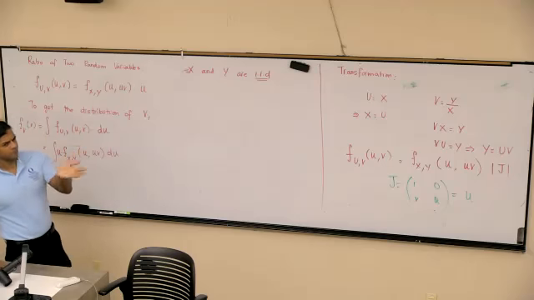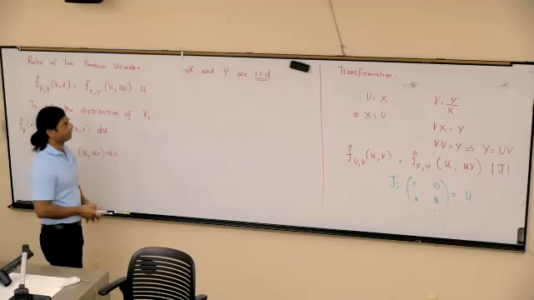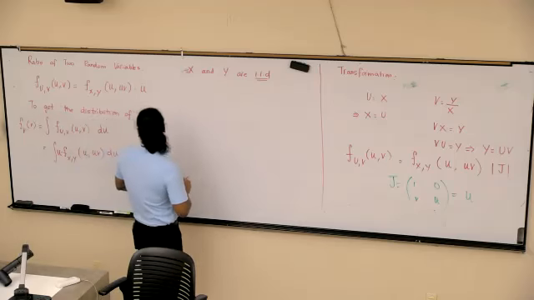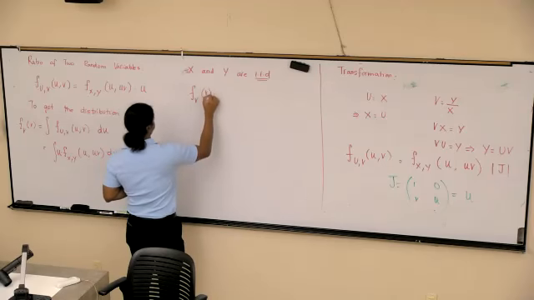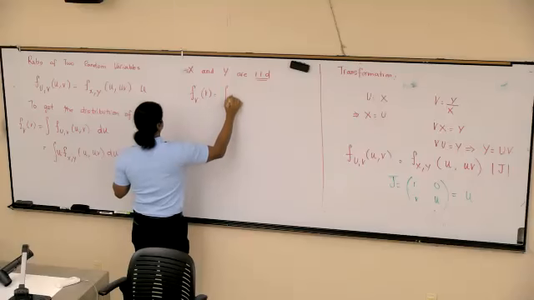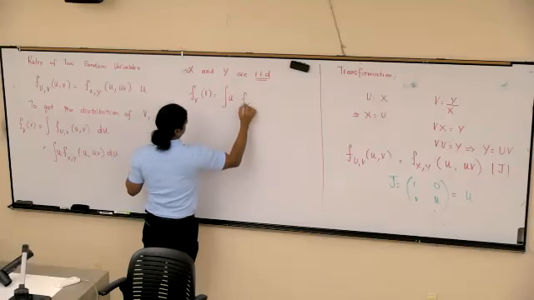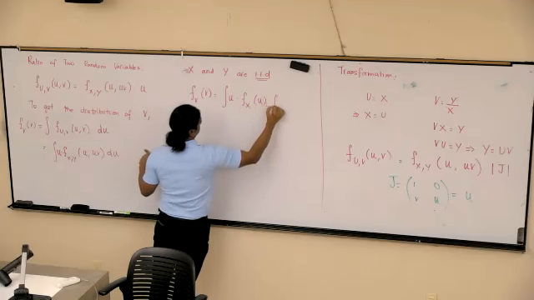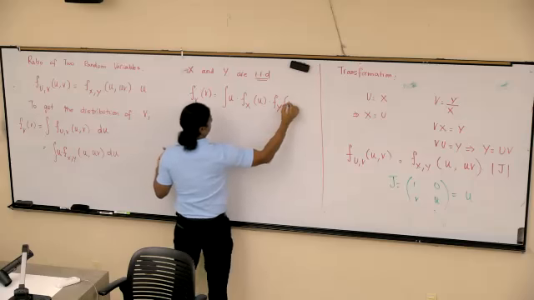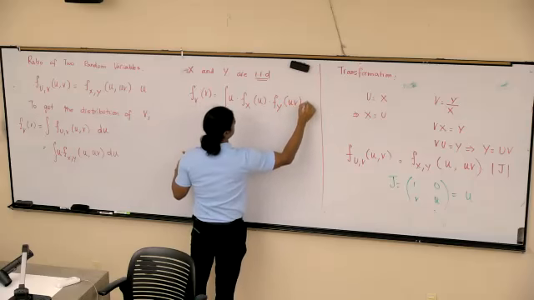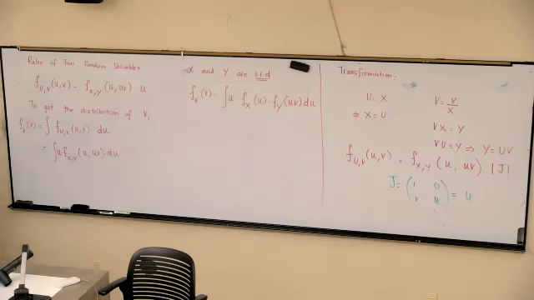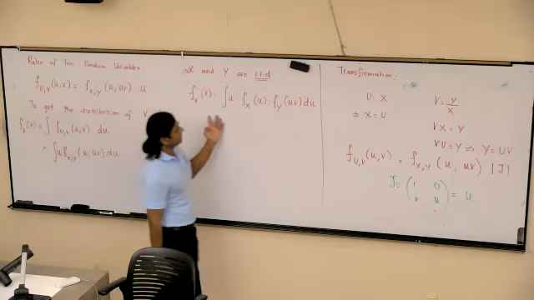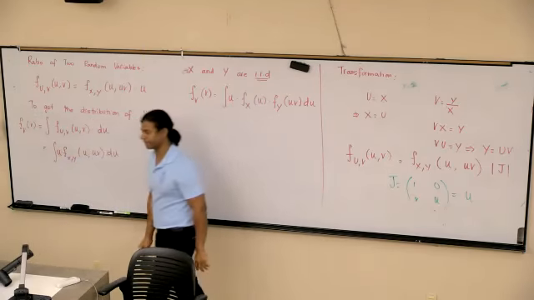In that case, we will need a joint distribution. And that is the integral that we would use to find the ratio of two random variables.